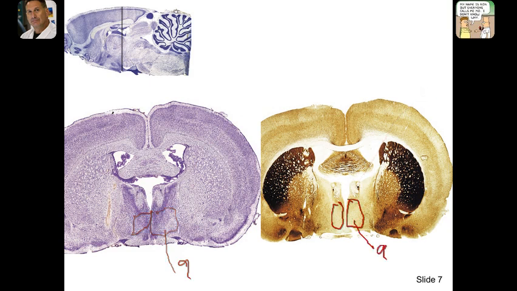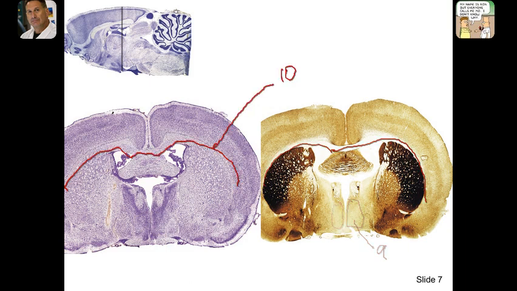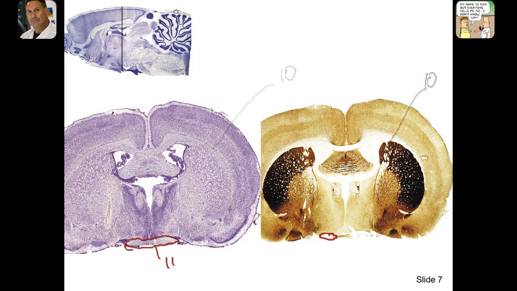We have the corpus callosum, crossing white matter. On this white matter here, it is called the optic chiasm. We have the striatum, or the caudate nucleus.